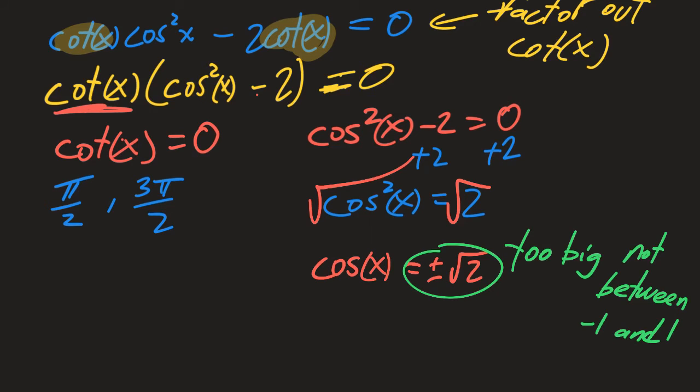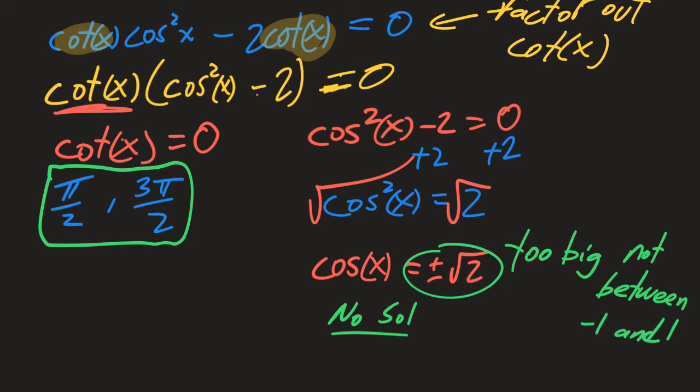So this is not going to be giving me any solutions from here. This side gave me two different solutions, pi over 2 and 3 pi over 2, and they are on my interval, so these are going to be my answers.